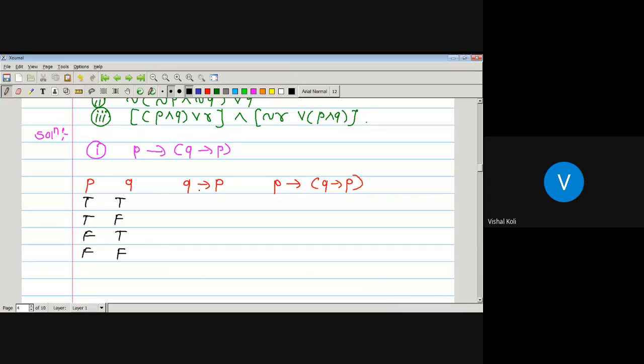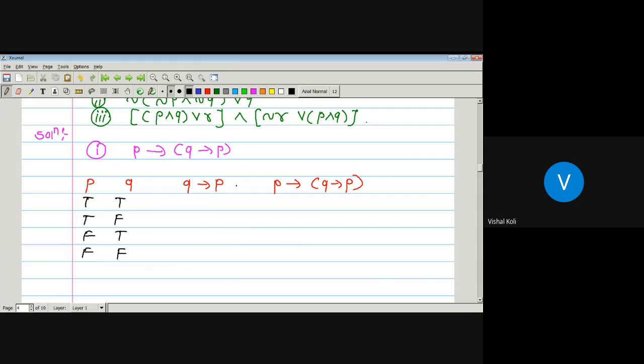Now Q conditional P. By the definition of conditional statement, if P and Q are two statements, then P conditional Q is false if and only if P is true and Q is false. But here we have to find out Q conditional P. Then Q conditional P is false if and only if Q is true and P is false.